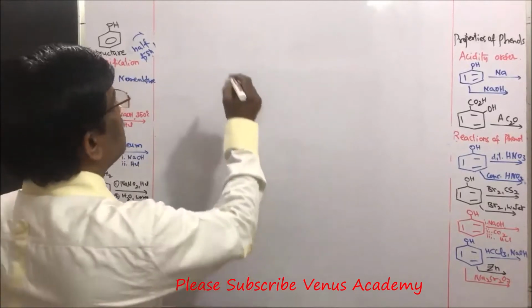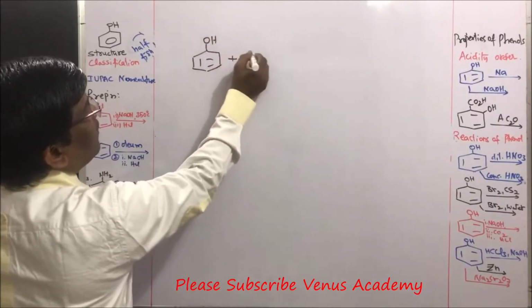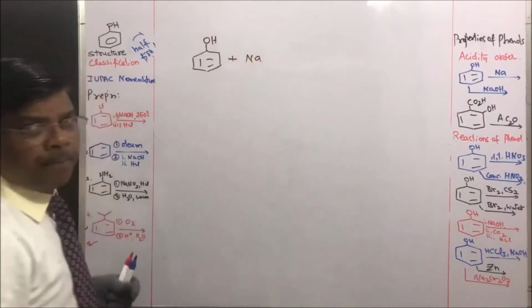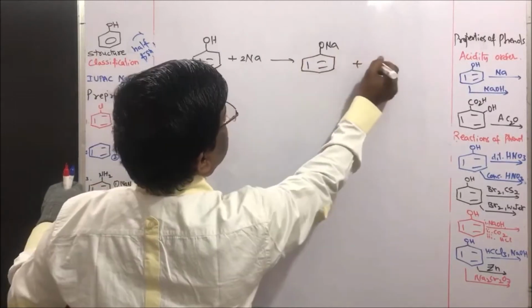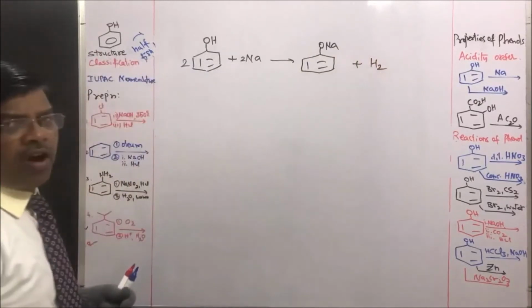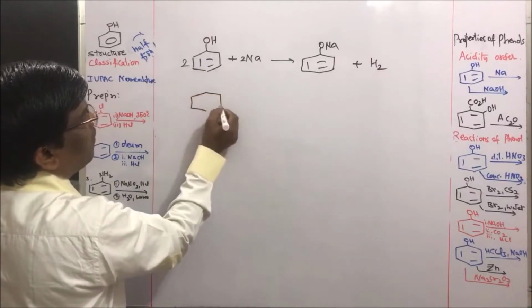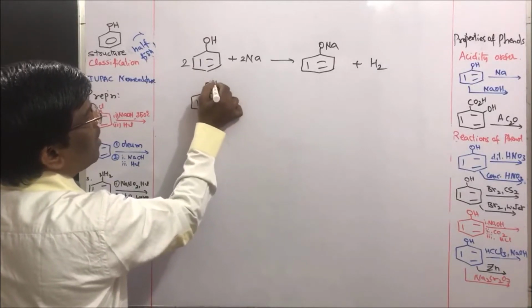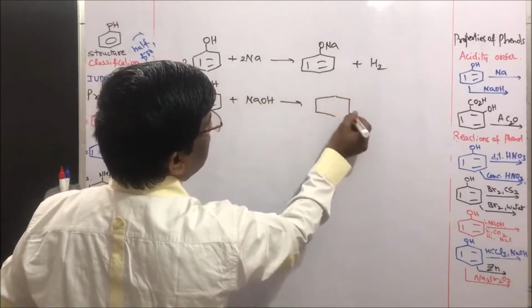Acidity of phenols. Phenols are acidic. When you treat phenol with a metal like sodium, it forms sodium phenoxide and hydrogen is evolved. Phenol can also form a salt with sodium hydroxide to give sodium phenoxide.